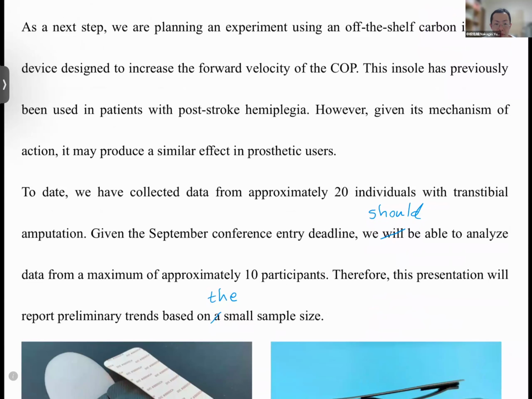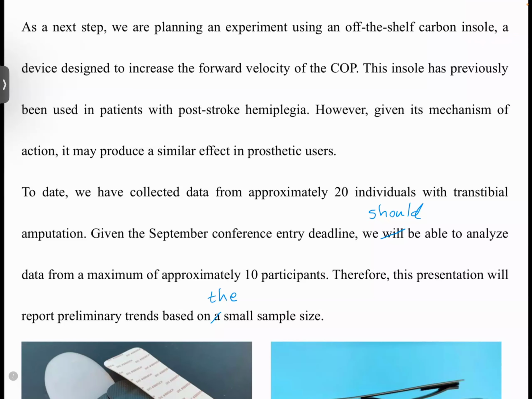As a next step, we are planning an experiment using an off-the-shelf carbon insole, a device designed to increase the forward velocity of the COP.